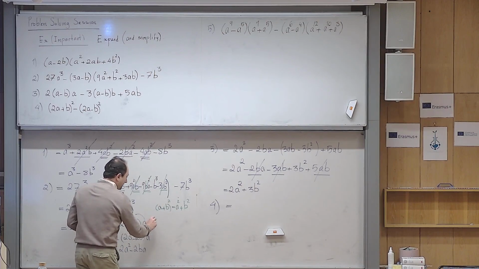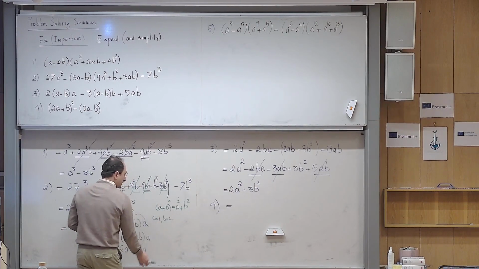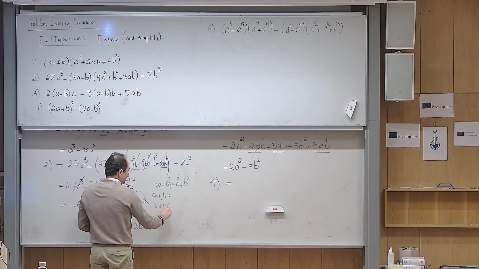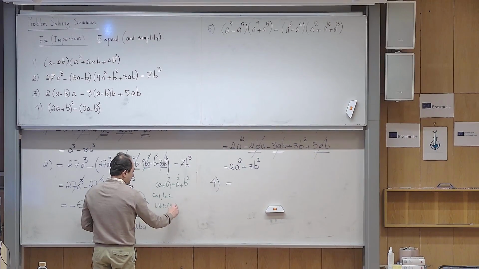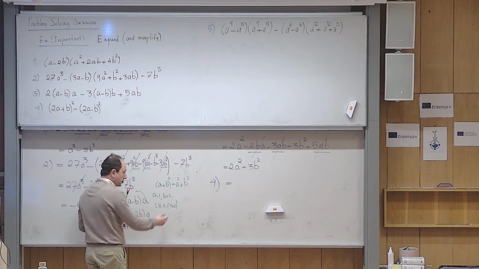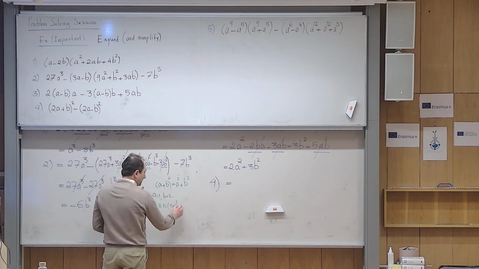For example, if I take a to be 1 and b to be 2, what is the left-hand side? The left-hand side is 1 plus 2 to the power of 2. What's the answer? A pair of brackets means do this one first, which is 3 to the power 2, which is 9.